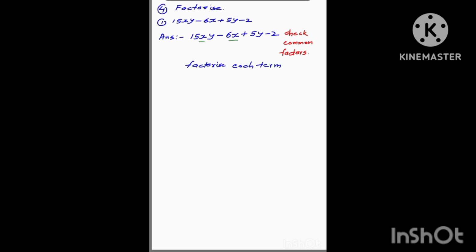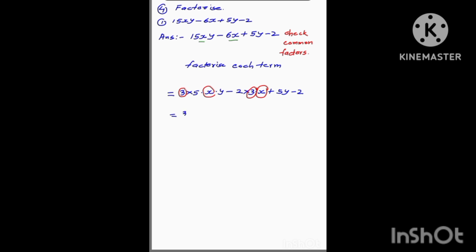So see here, this is equal to, 15 is 3 into 5, xy is there. Now 6 is 2 into 3, that x is there, plus 5y, write it as it is, minus 2. Now it is very easy to check what is common. These 3 and these 3 are common in these 2 terms, and x is common, so 3x is common.